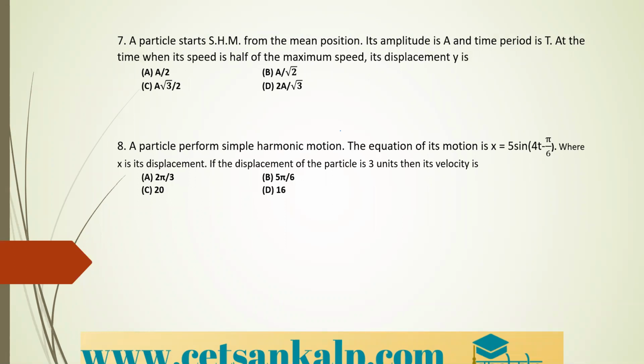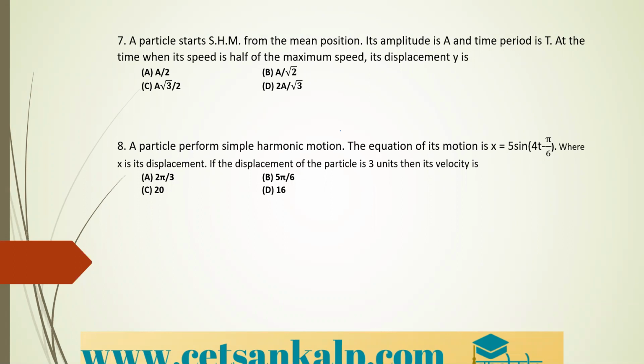See, a particle starts simple harmonic motion from the mean position. Its amplitude is A and time period is T. At the time when its speed is half of the maximum speed, its displacement y is. So a very interesting sum. A particle starts simple harmonic motion from the mean position.